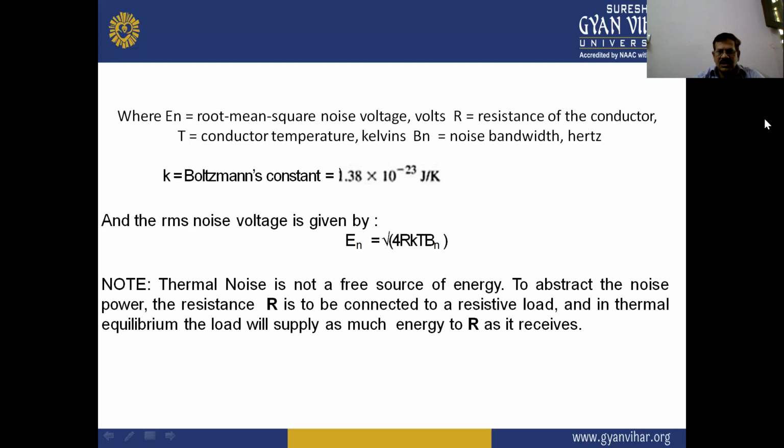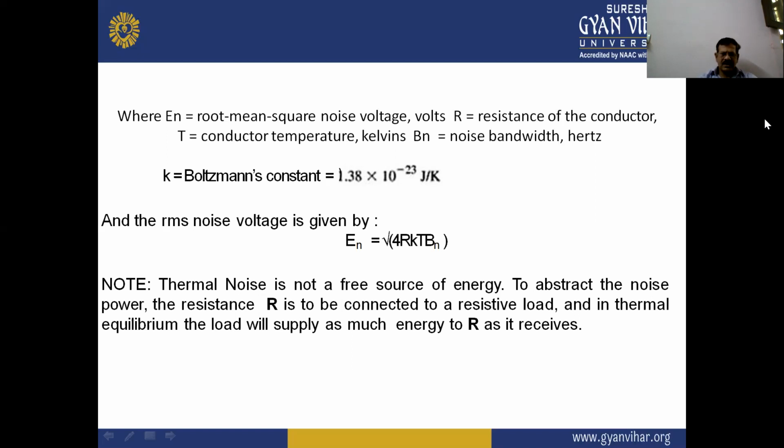The value of k, the Boltzmann constant, is 1.38 into 10 to the power minus 23 joule per Kelvin, and the RMS noise voltage is given by En equal to the square root of 4kTRBn. So this is the RMS noise voltage formula.